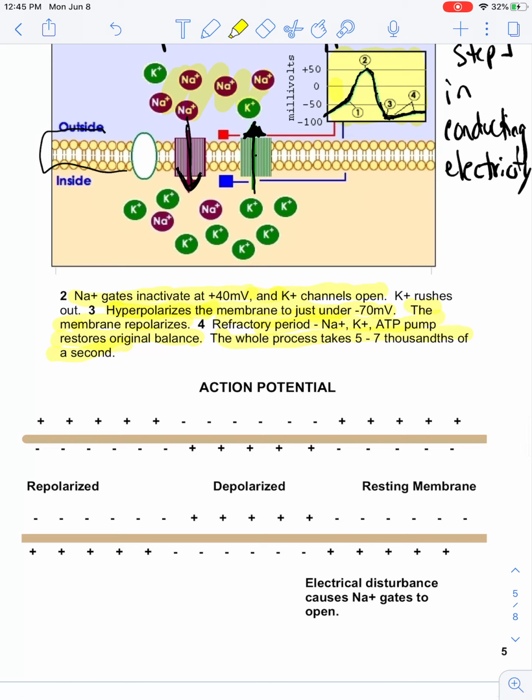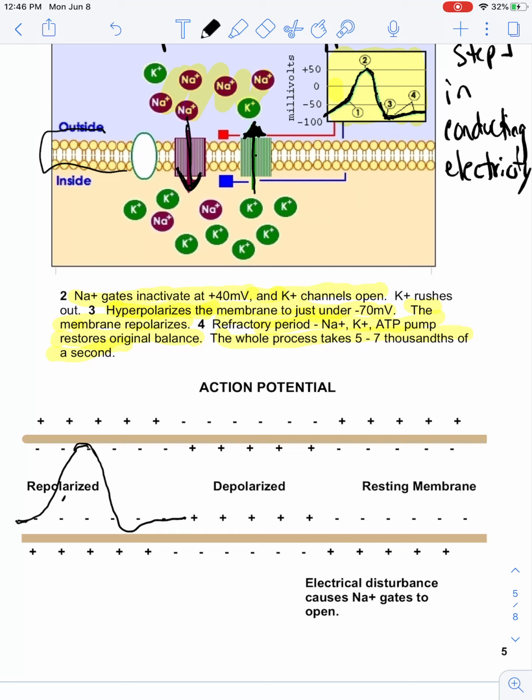So if we look at this, I just showed you how one little section of an axon depolarizes and repolarizes itself. If we look at repolarized here, what has happened is, we must have depolarized, which means sodium channels opened, we got to threshold, we went up, sodium channels closed, potassium channels opened, we hyperpolarized, and then we got back to normal.